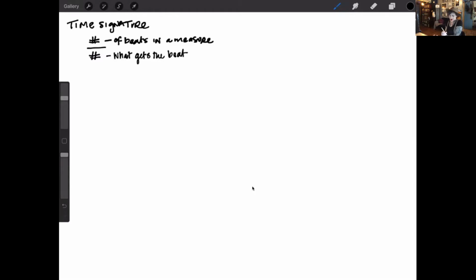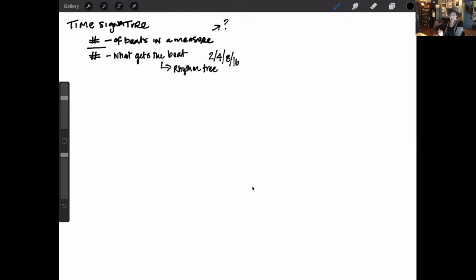And this number has to relate to the rhythm tree. So there are only a couple of options for numbers that you can have on the bottom. Most commonly we encounter 2, 4, 8, and 16 as bottom numbers. The top number can be whatever you wish.